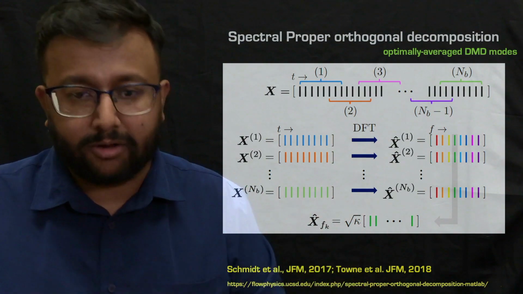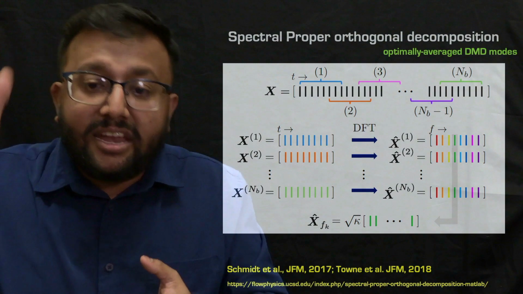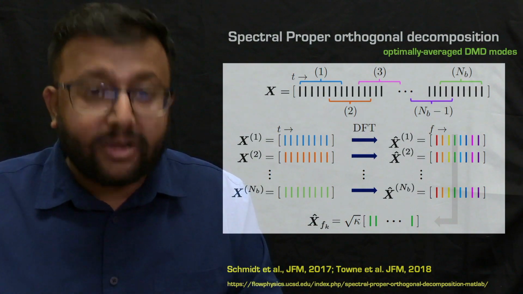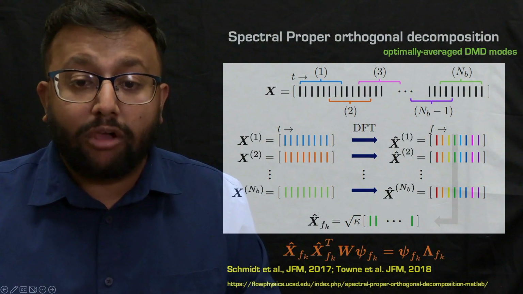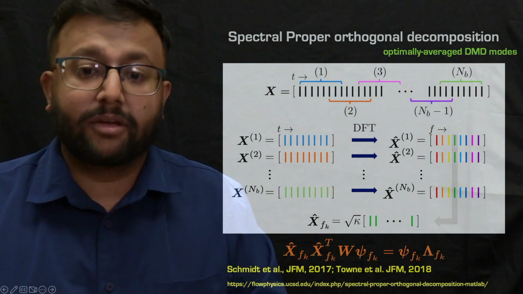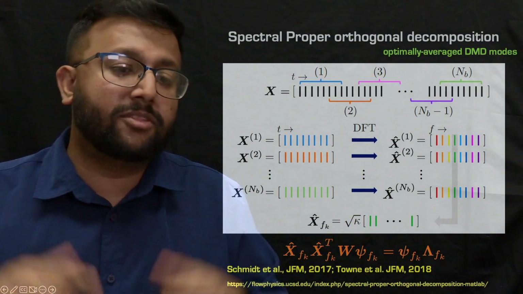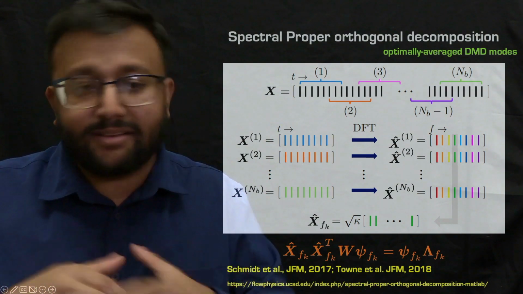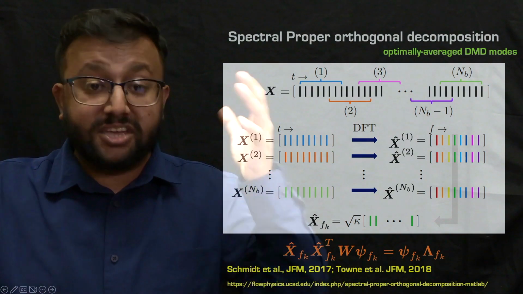nth block. Then what we do is we take all of these individual components of each block, and then we use that to solve an eigenvalue problem. You can see that we compile this matrix X hat Fk, which is essentially all the columns of these different blocks.